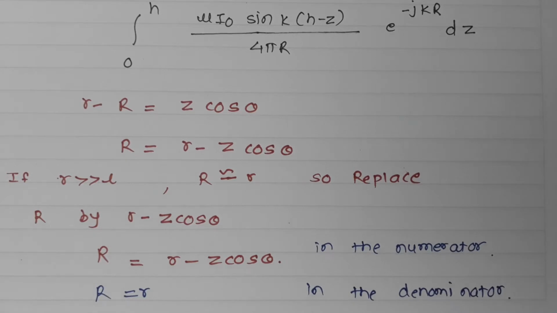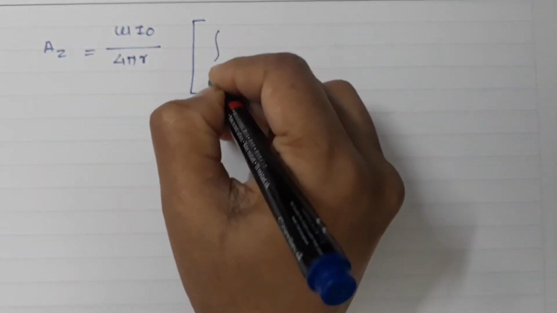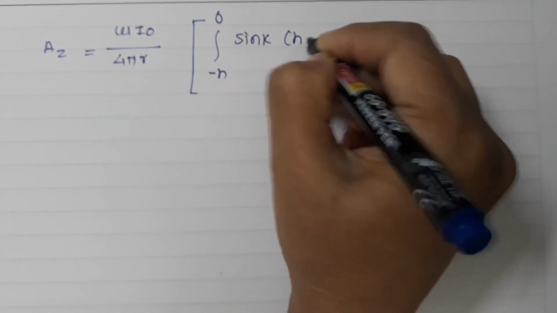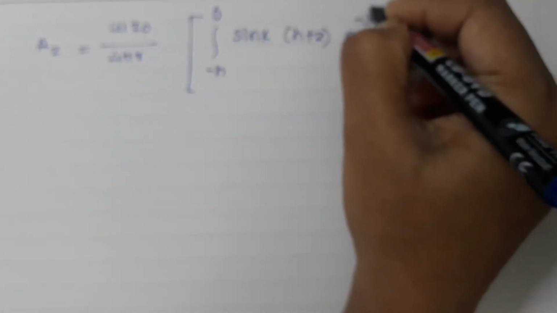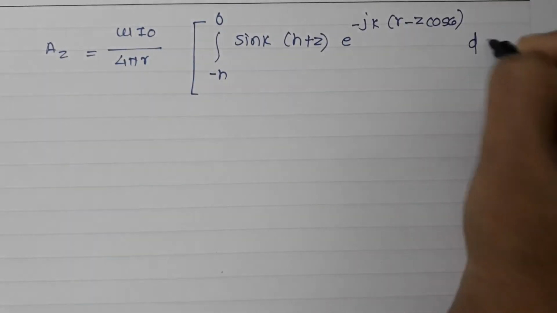Now next, I am putting all these things in the equation. Let us see what my equation becomes right now. If I put all these things in the equation, Az becomes mu I0 over 4 pi r, the integration from minus h to 0 of sin k(h plus z) e raised to minus jk(r minus z cos theta) dz.